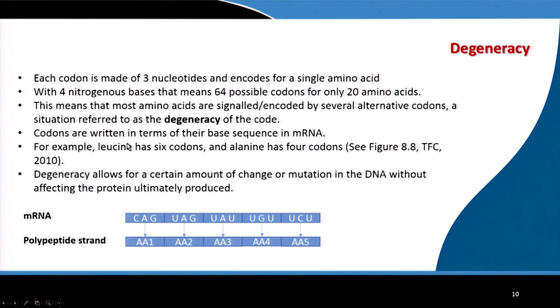These codons are written, like I said, in their base sequence in the mRNA, just like it's shown here, and each set of 3 codes for an amino acid. Now because we have 20 amino acids and 64 possible codons, we have several codons translating for the same amino acid.